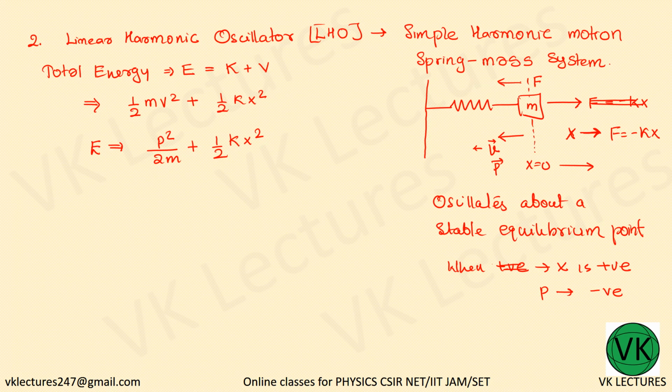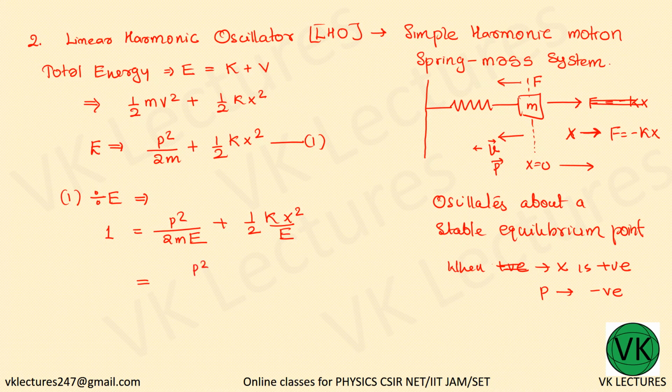Now let us divide the equation 1 by the total energy E. So what we achieve is 1 is equal to, dividing the entire system, p square by 2mE plus half kx squared by E. Now just rearranging this, p square by 2mE plus half k by, so x square divided by 2E by k.